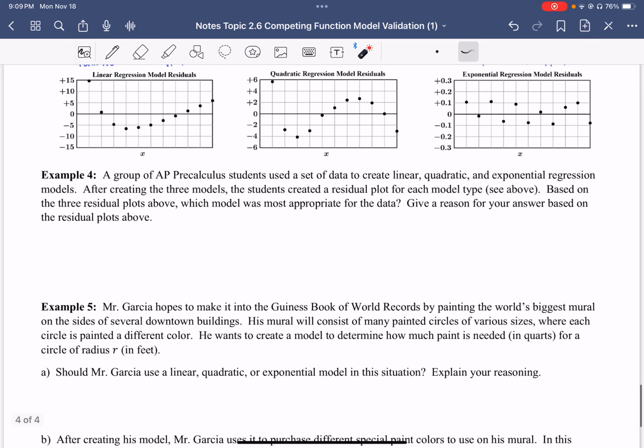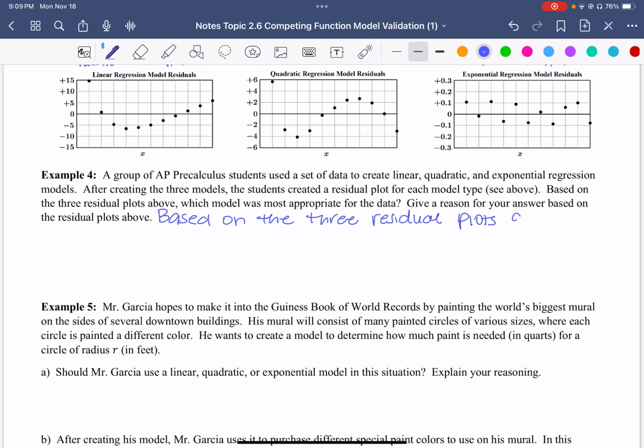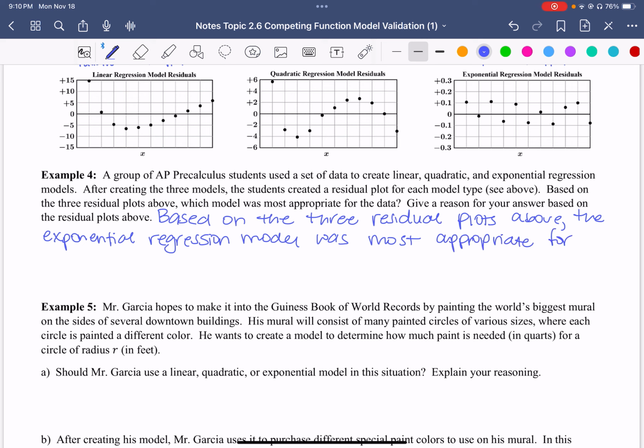So I'm going to say, based on the three residual plots above, the exponential regression model was most appropriate for this data.